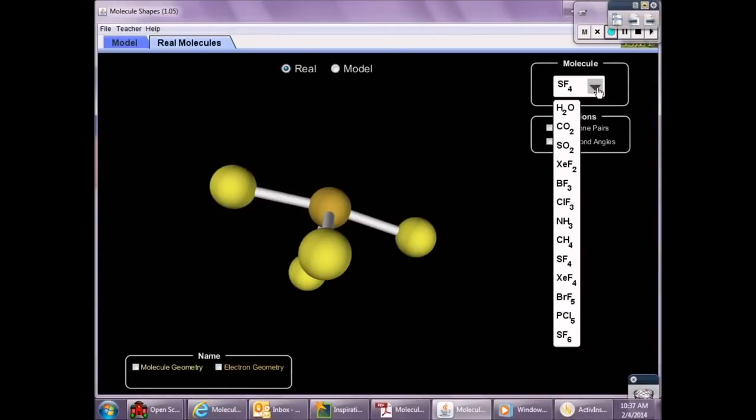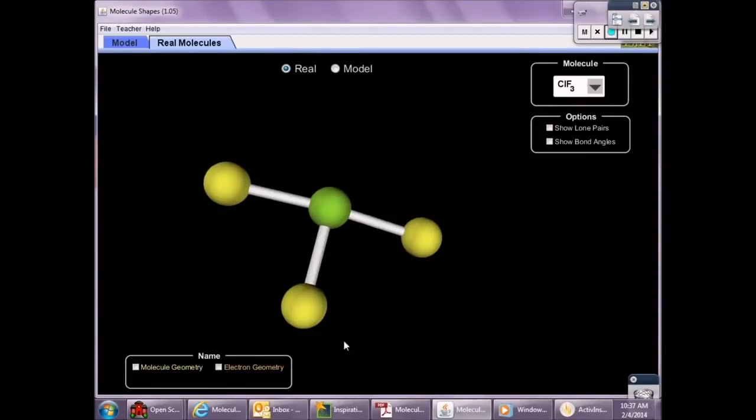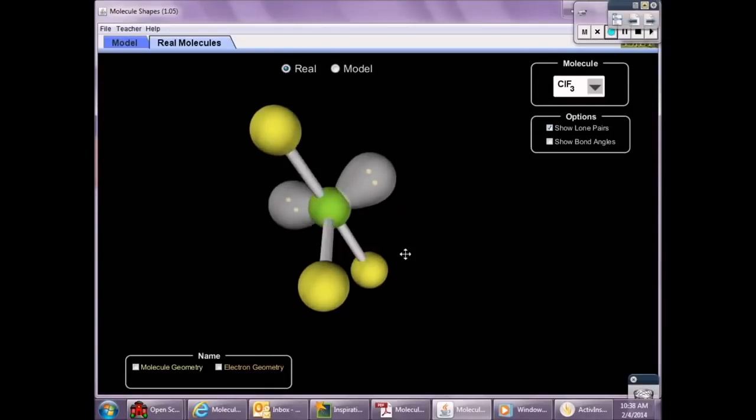ClF3. What do you think would be the angle? Why don't we just use less than whatever you had before? Less than 120. All right, we have ClF3, this one. Why don't I put the lone pairs for you? What is the general formula for this one?